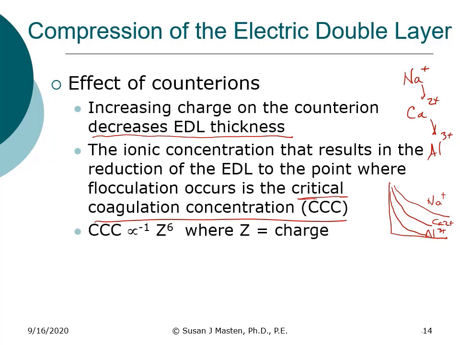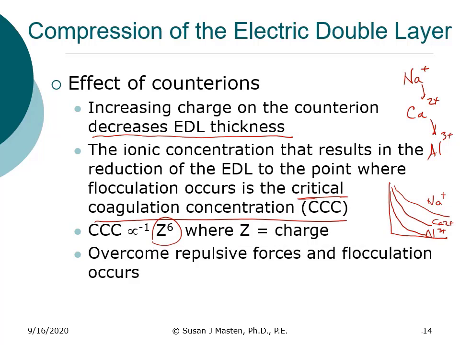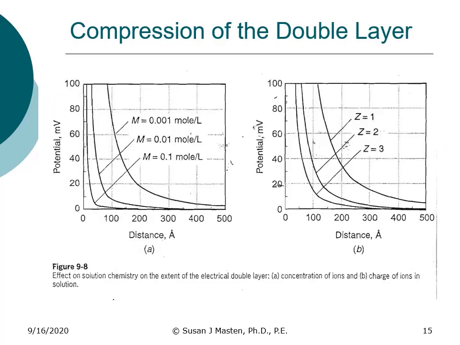And we find that the critical coagulation concentration is a function of the charge to the 6th power, which means that charge plays a very, very strong role on the amount of coagulant that we need in order to destabilize these colloids. When we do, that means that we've overcome the repulsive forces, and as I mentioned, that's where flocculation will occur.